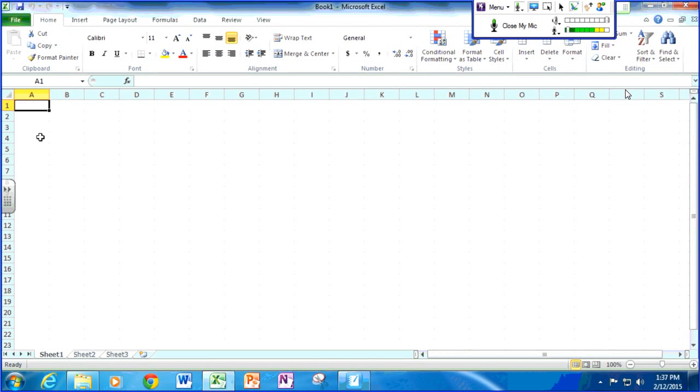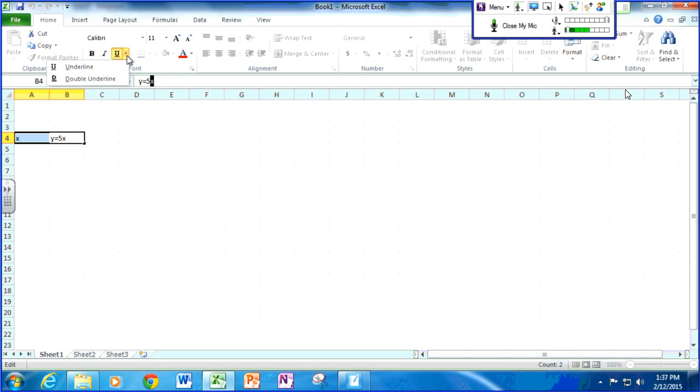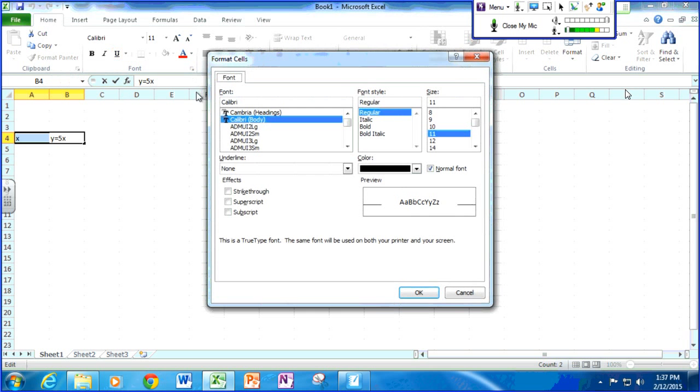In Microsoft Excel, you can type your y equals. Now, this is going to be interesting because it's kind of tricky in Excel. I think we have to go into the font menu, and we can ask for an exponent.